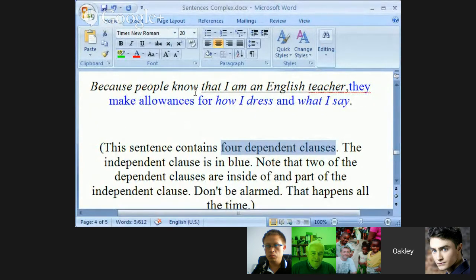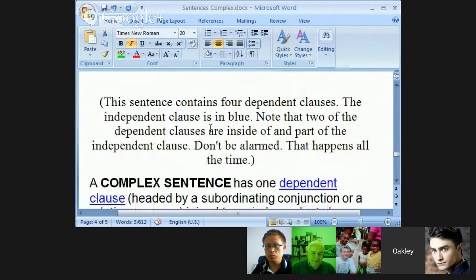They are italicized, actually. Everything in italics and underlined. So that I am an English teacher, that's one. And it's actually part of this one, because people know. And we have how I dress, what I say. Those are the 4 dependent clauses. Very complicated. So we can stick them in anywhere.